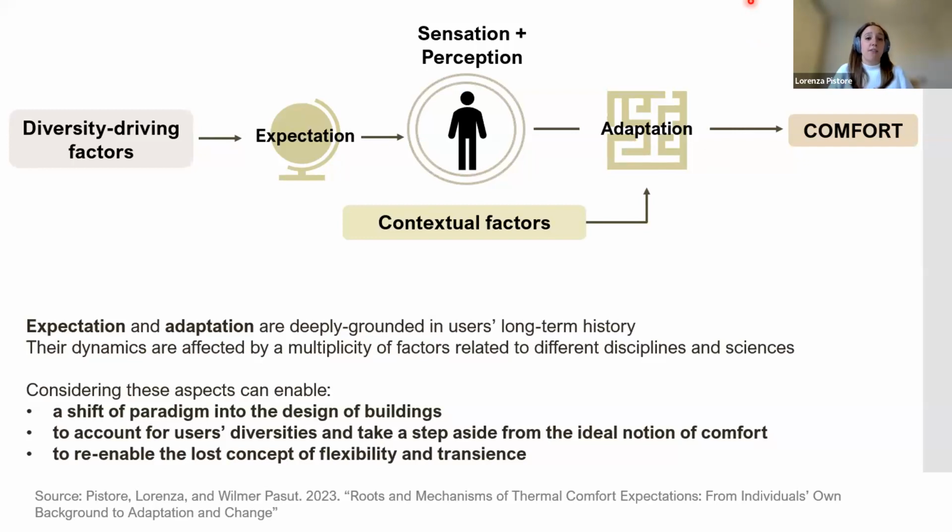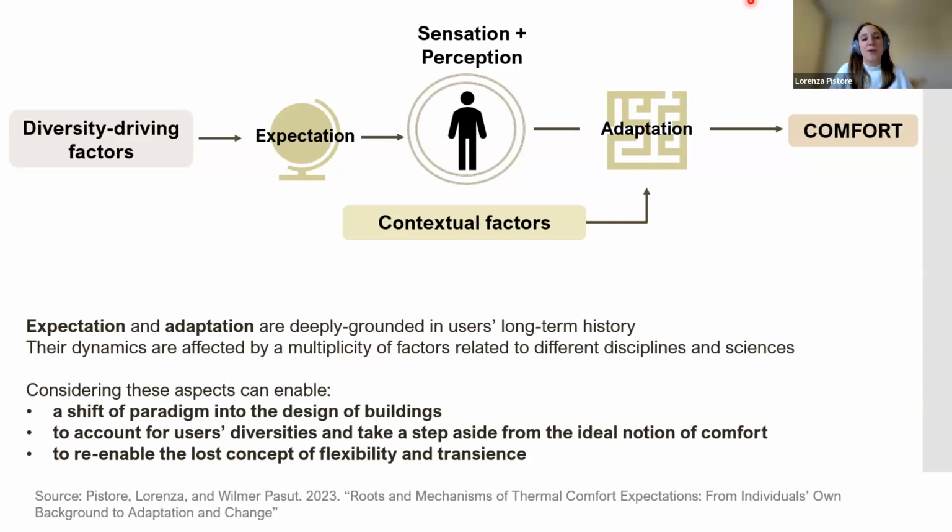Can be diversity driving factors, but also contextual factors related to, for example, their long-term climatic history. So let's think about two people in the same room. One of them comes from the south of Italy, and one of them comes from Sweden.